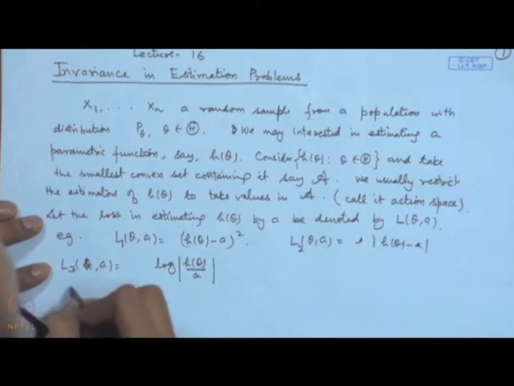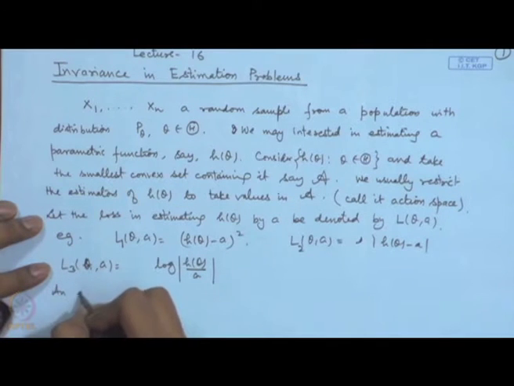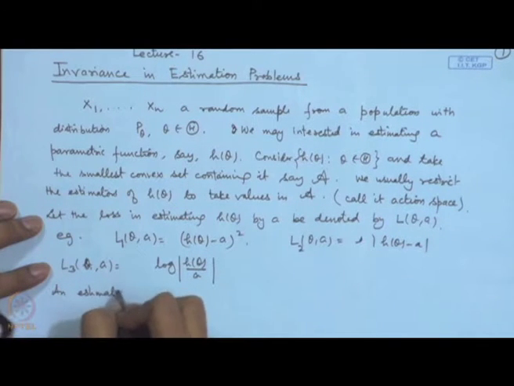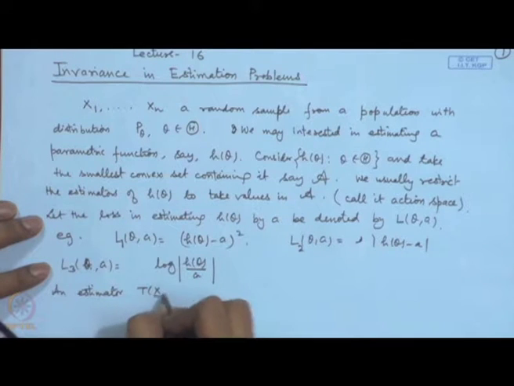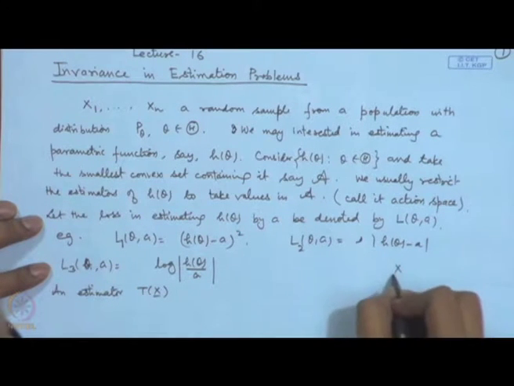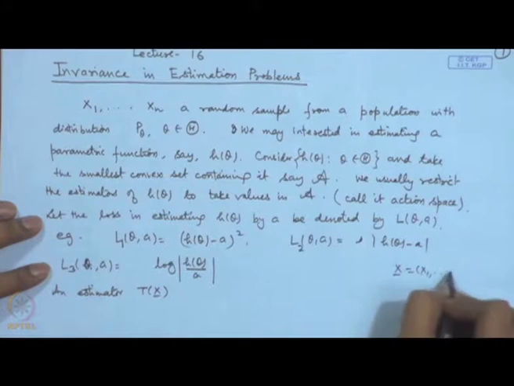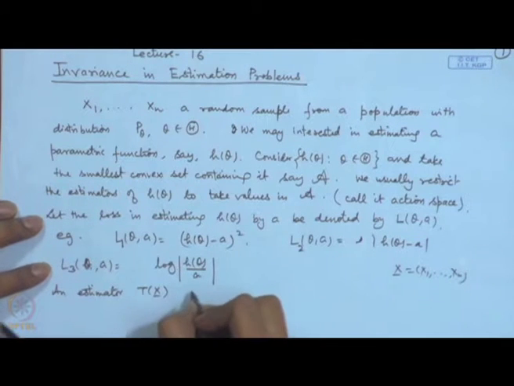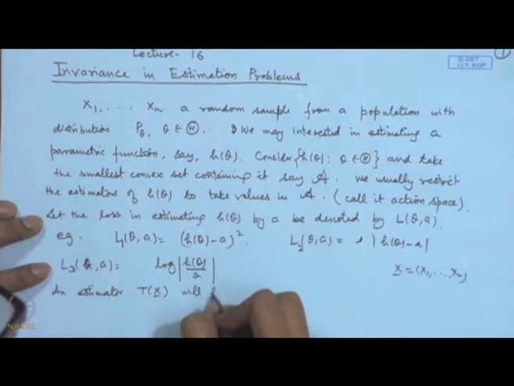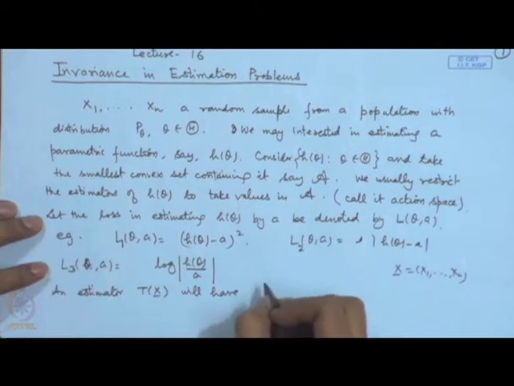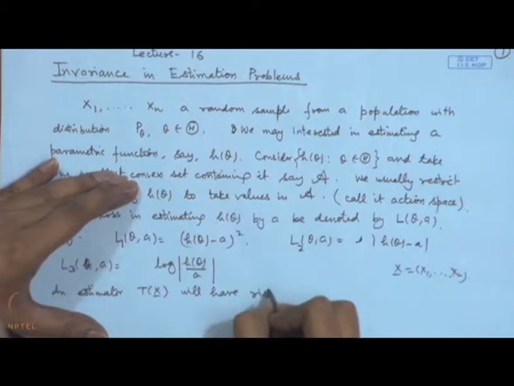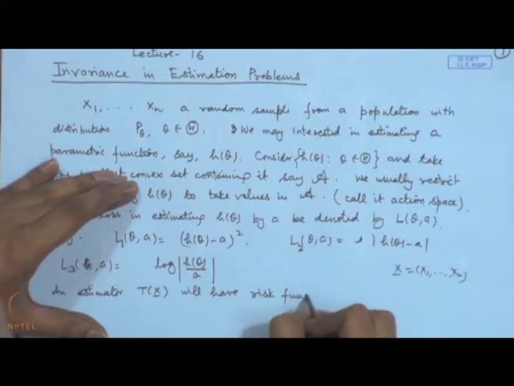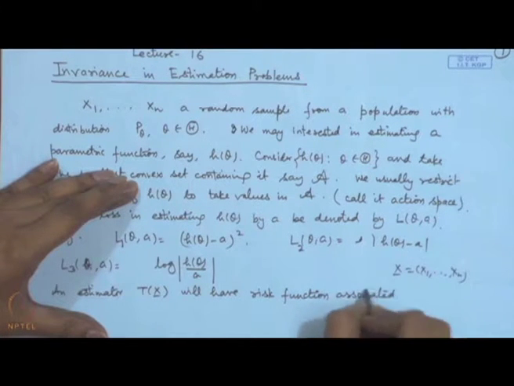Now, consider an estimator T x, where x I am denoting by x 1, x 2, ..., x n. Then we have a risk function associated with it.